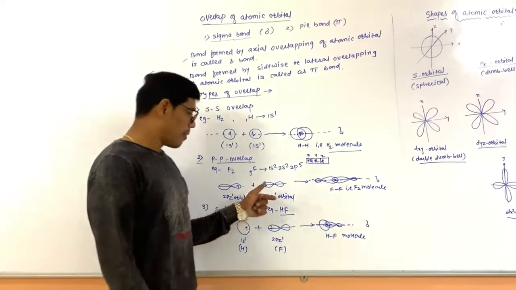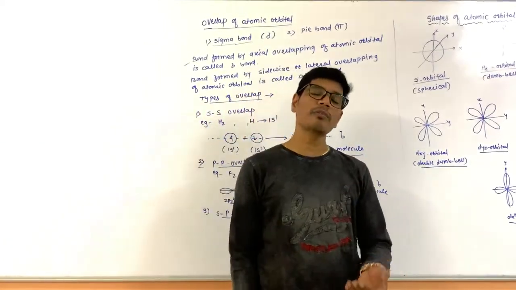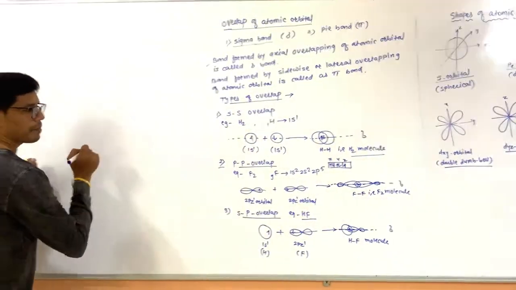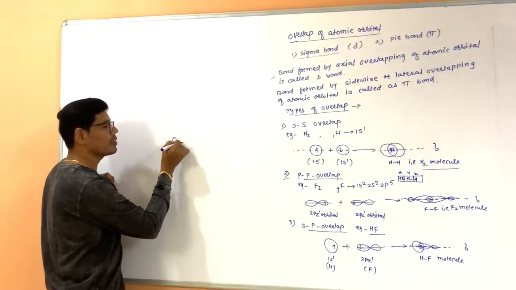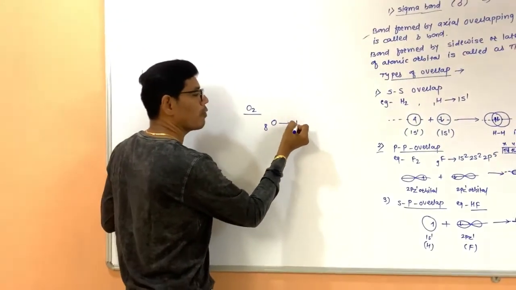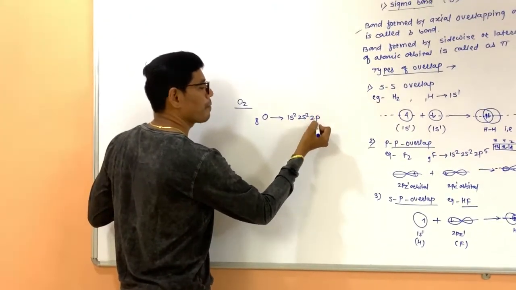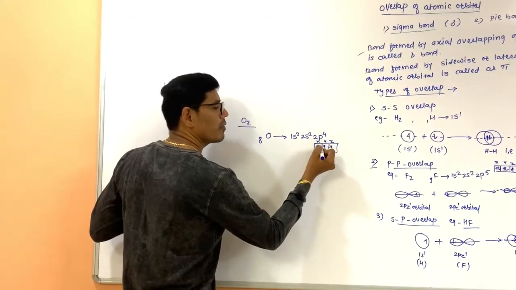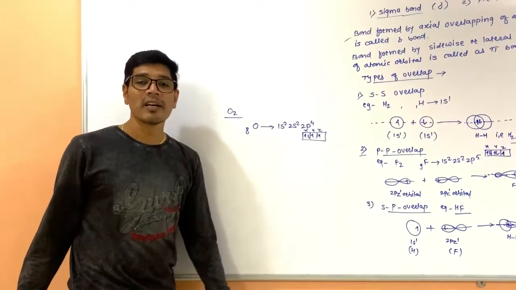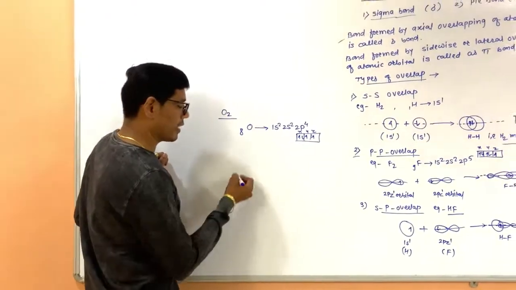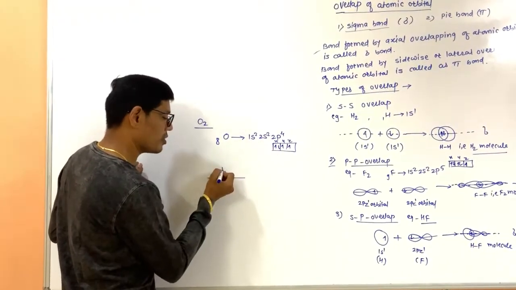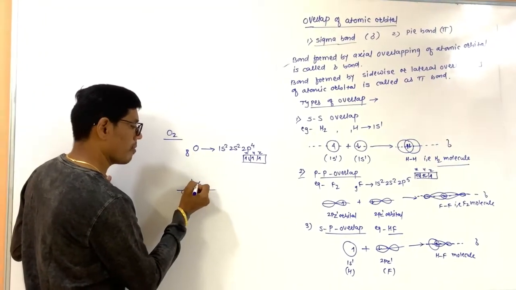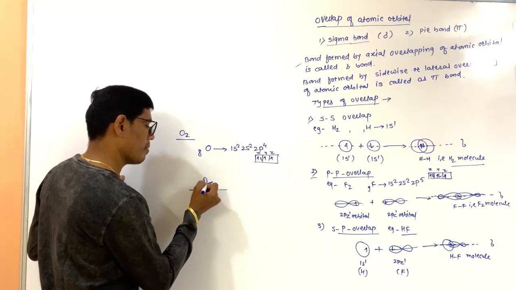A p orbital can form a sigma bond first, and the second possibility is that it can form a pi bond. Suppose y is not filled, then it can form a pi bond. How? See, pi bond, for example the oxygen O2 molecule. Oxygen atomic number is 8, configuration is 1s2, 2s2, 2p4, x, y, z as 2, 1, 1. Now y and z both have one unpaired electron. So p orbital is there, that means the shape is dumbbell shape. Like this.